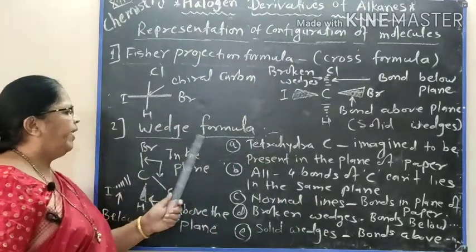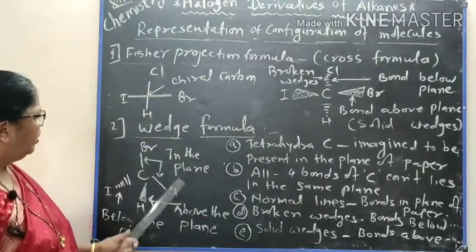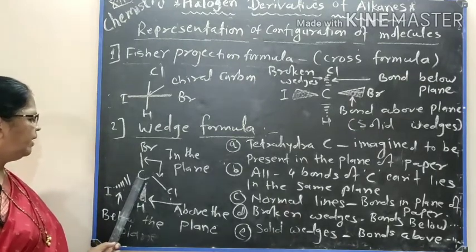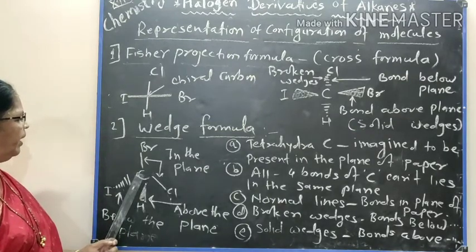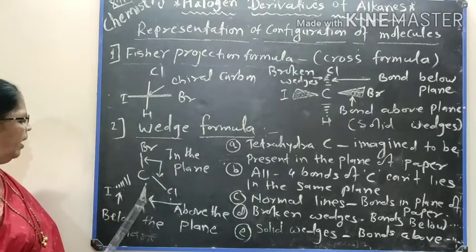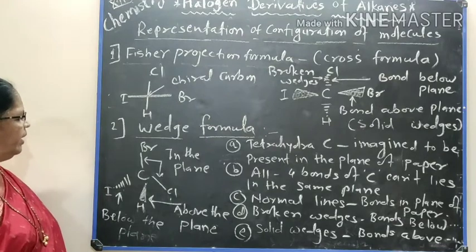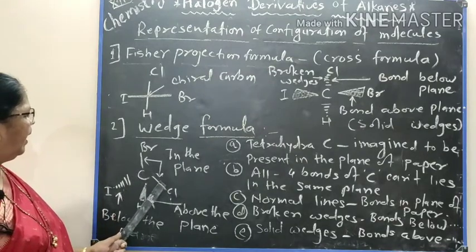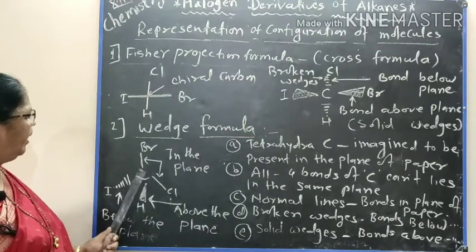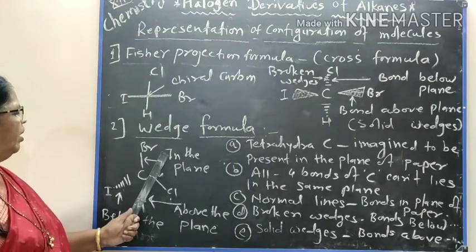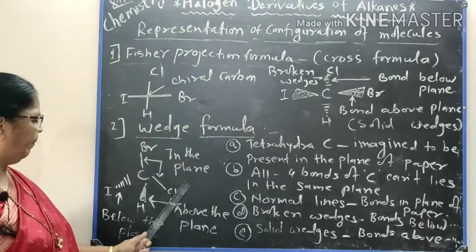Second, that is the wedge formula. Suppose this is represented like this. At the center there is one carbon atom which is attached to Br, Cl, hydrogen and iodine, four different atoms. In this you can see the normal lines between carbon and Br and carbon and Cl. These mostly represent bonds in the plane.